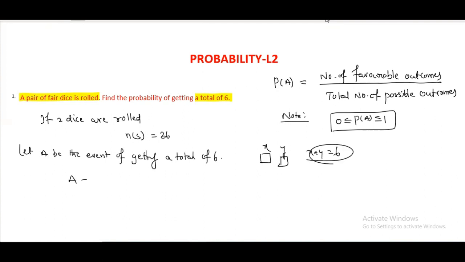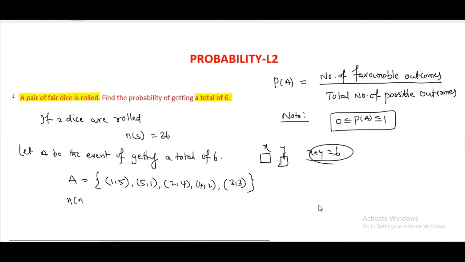So let's see the outcomes whose sum is 6. So we have 1 comma 5, 1 plus 5 is 6. Similarly 5 comma 1 also, and 2 comma 4 and 4 comma 2 and 3 comma 3. So these are the possible outcomes whose summation is 6.